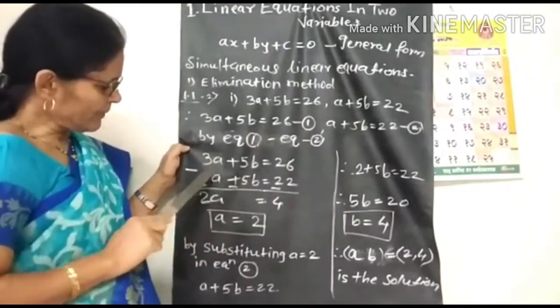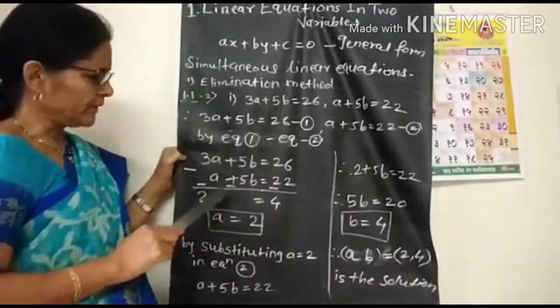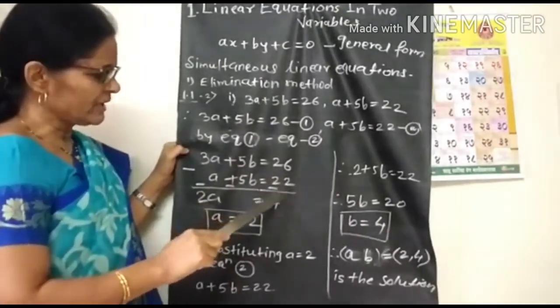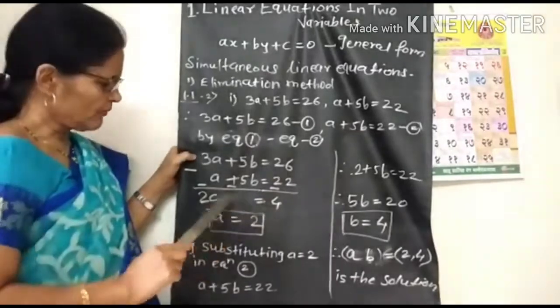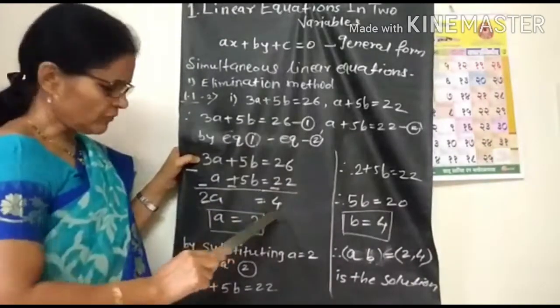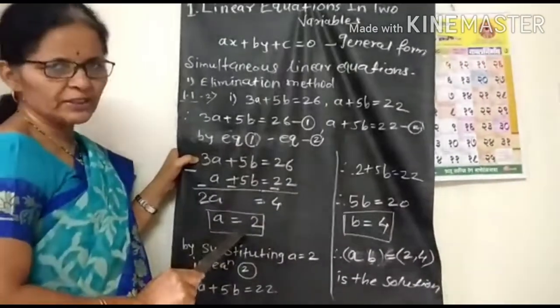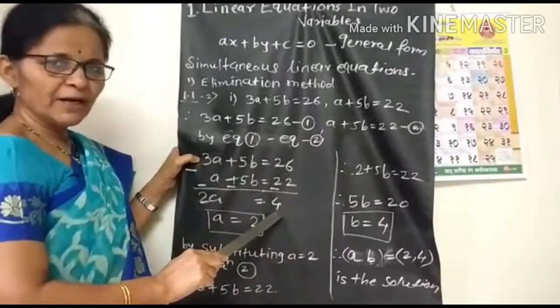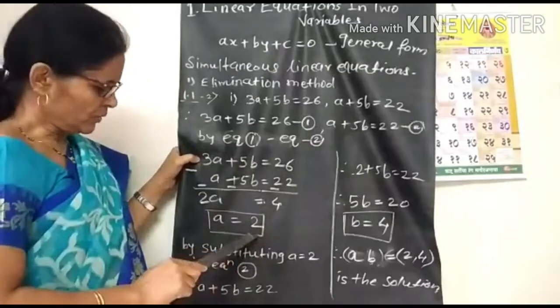See, 3a minus a equal to 2a. 5b will be cancelled. 26 minus 22 equal to 4. Therefore 2a equal to 4. What will be a equal to? a equal to 2. Why? 2 into a, so it will be divided here. 4 by 2 means 2.